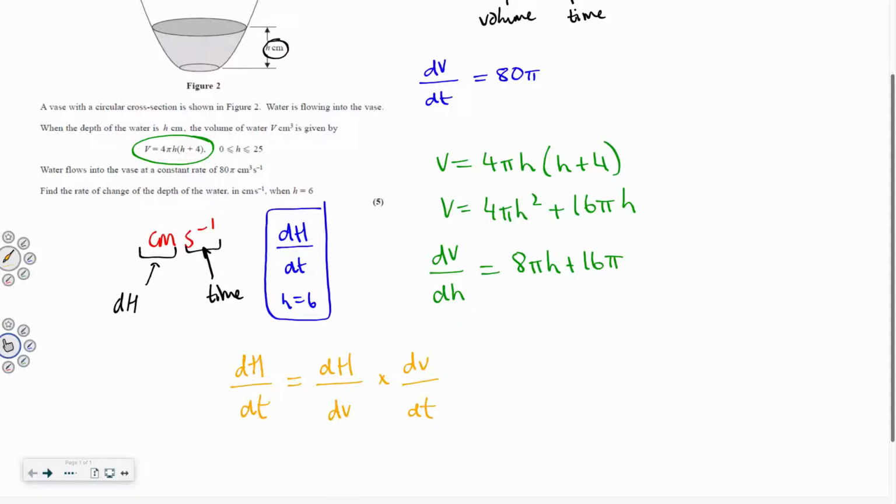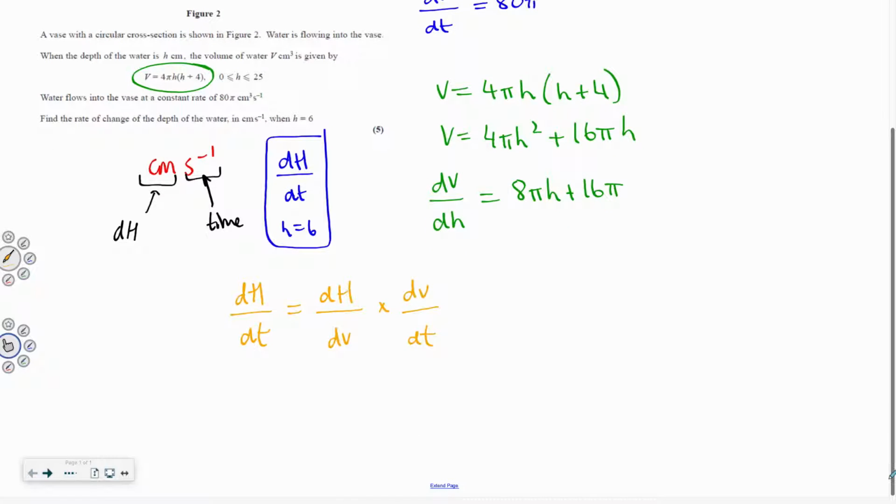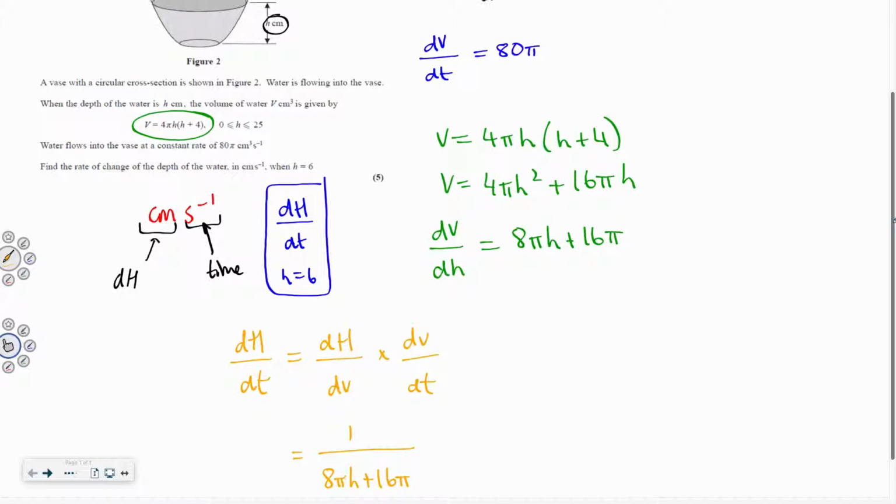And now we've set up our equation. dh on dV, well, we don't know that, but we do know dV on dh. So if we take the reciprocal of that, that gives us dh on dV. So it's going to be 1 over (8 pi h plus 16 pi). And then dV on dt, we know, is 80 pi, and we're told that in the question.